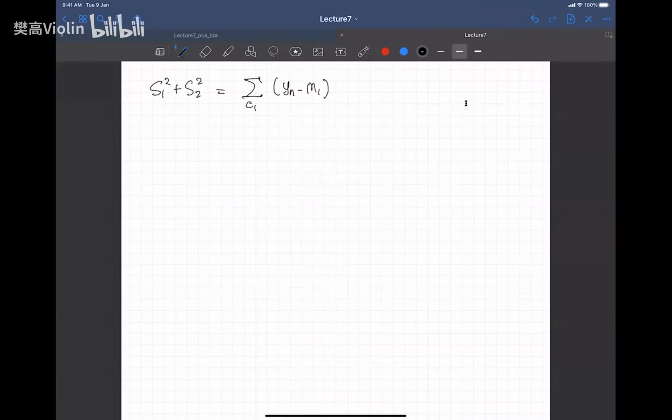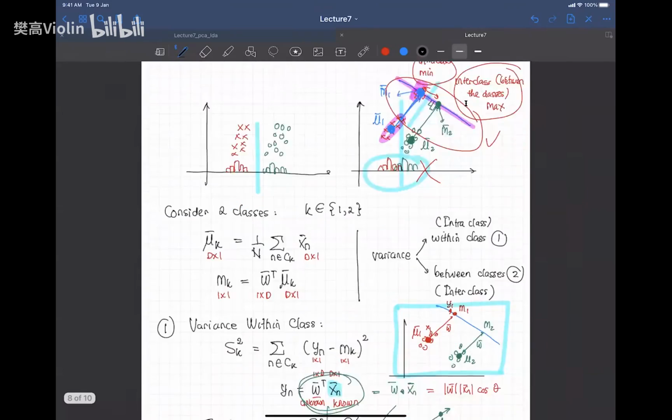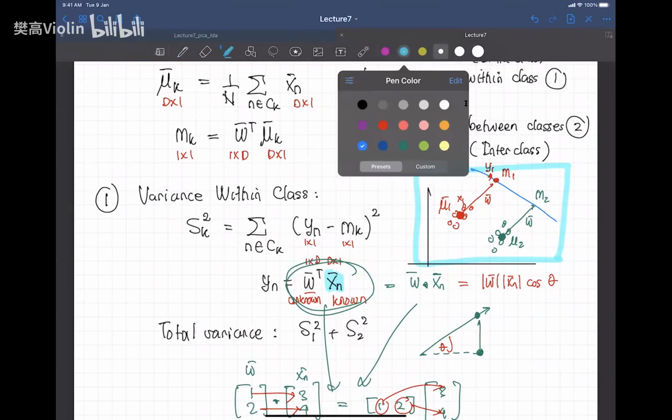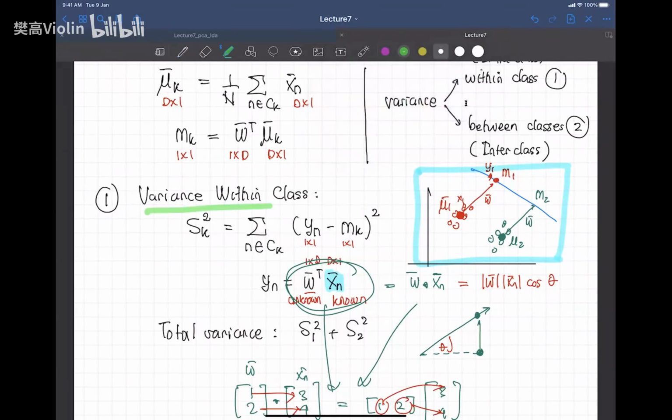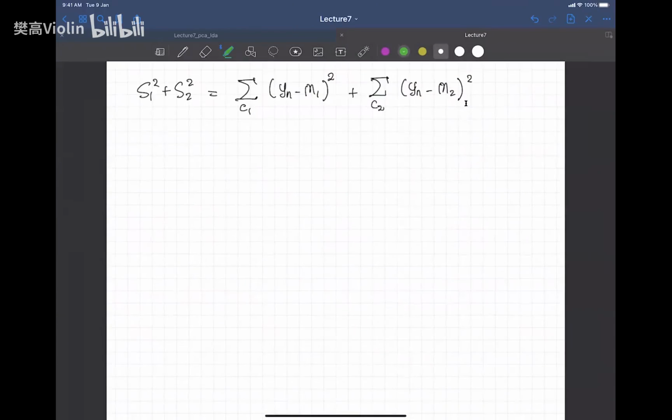So this is the variance definition that we discussed before, plus the sum over C2 of yn minus m2 square. This is the definition of the variance. If you recall, it is the same as this one here. I just copy and paste basically. Any questions?